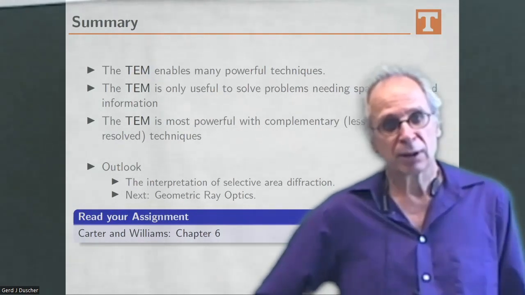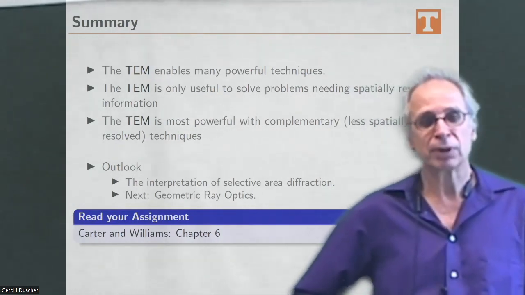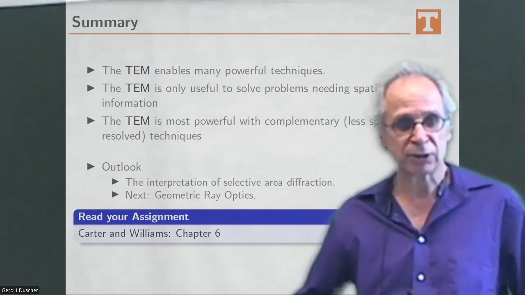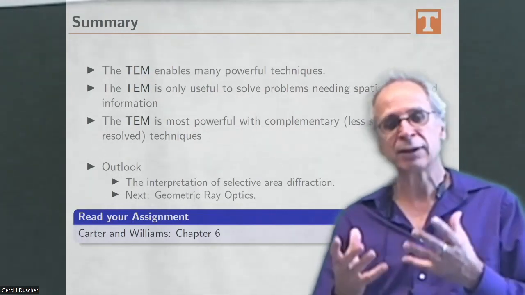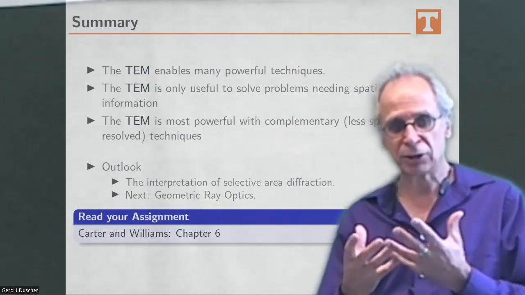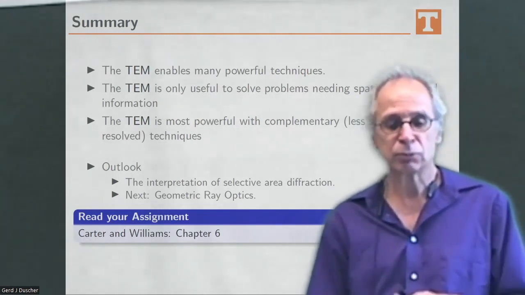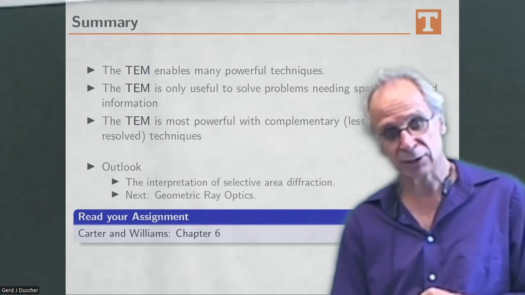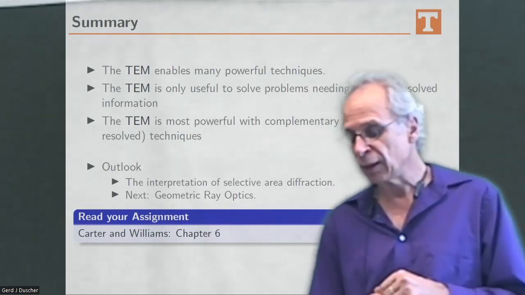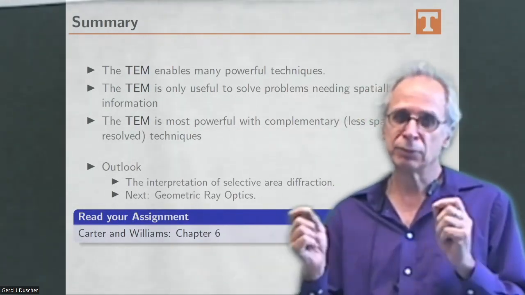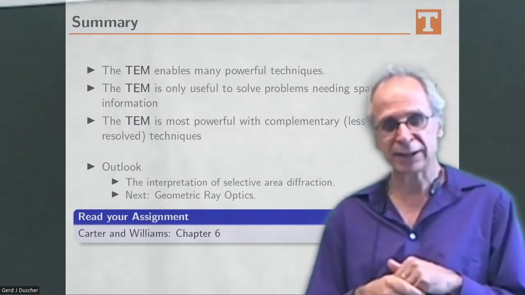The TEM is used in solving problems. So we want to understand how the atomic structure of a material influences its macroscopic properties, or quantum properties nowadays, of course. And don't use the TEM by itself, right?